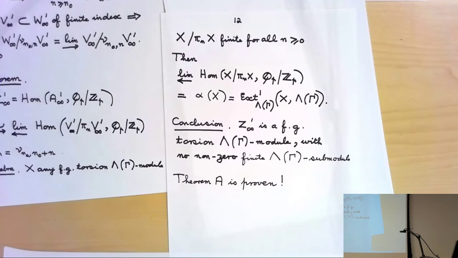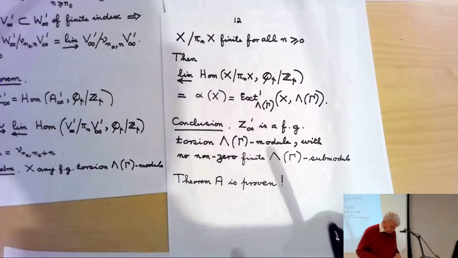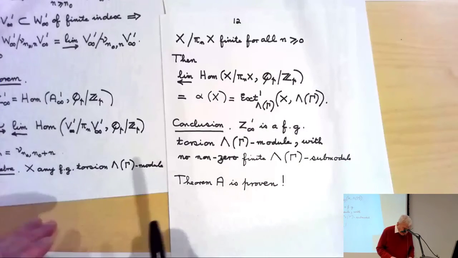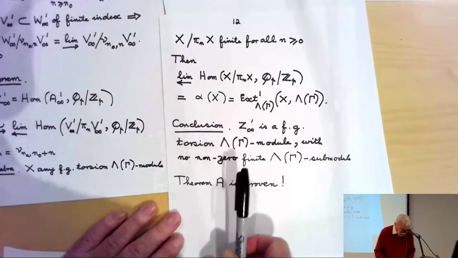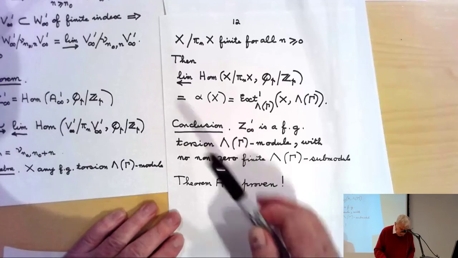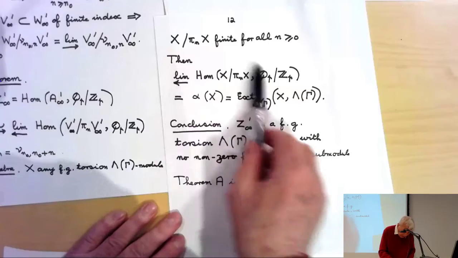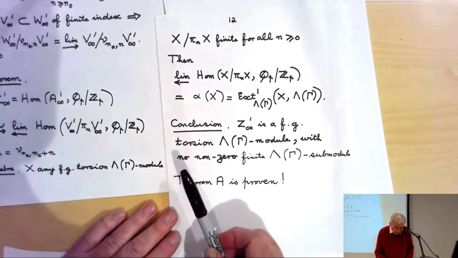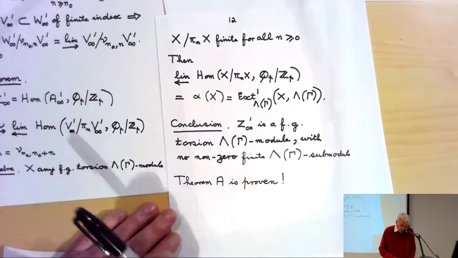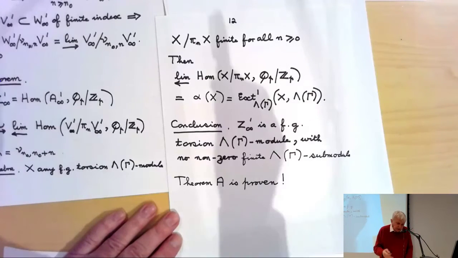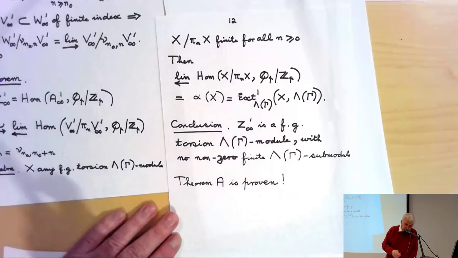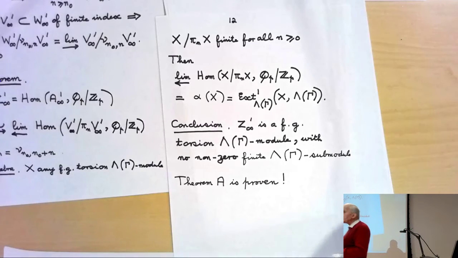So if people are interested in the details, you can find them in the readily available literature. But Iwasawa himself, in his paper, just defined the adjoint this way. The remarkable thing about the adjoint is that the adjoint of a finitely generated torsion lambda gamma module is another finitely generated torsion lambda gamma module.